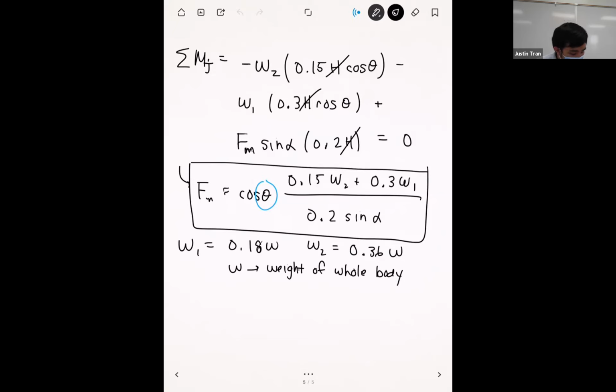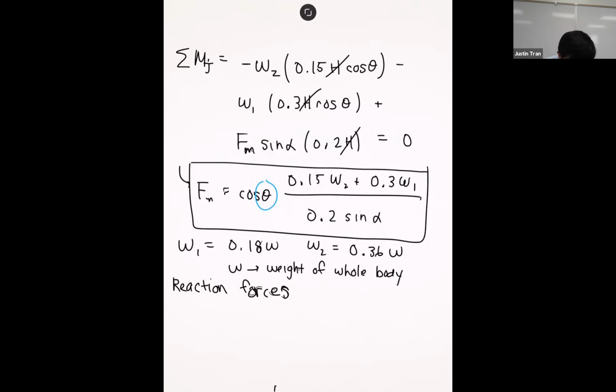But before we do that, let me write out the expressions for the reaction forces. First, let's do the reaction force along the spinal column.